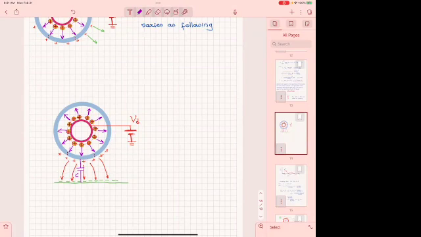So if I were to ask you to approximate something here so you can give me a capacitance, what kind of simplifications would you consider to be able to calculate this capacitance?